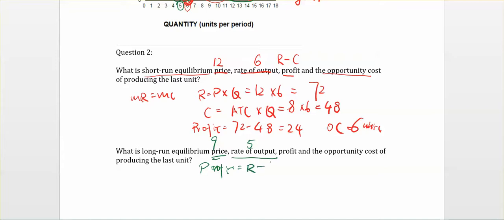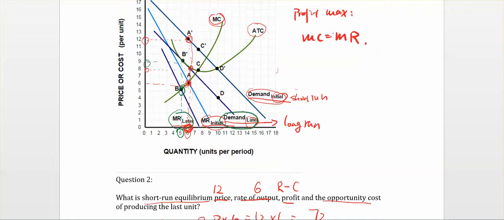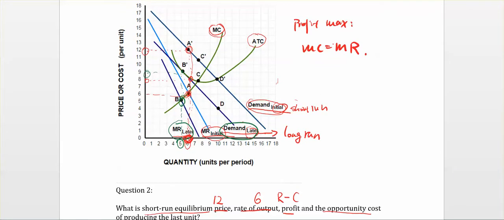Again, the profit equals the revenue minus cost. The revenue equals the price times quantity. We get 9 times 5, which is 45 as revenue. How about cost? Cost equals average total cost times quantity. Let's go back and look at the average total cost curve. If we have output equal to 5, the average total cost is 9.